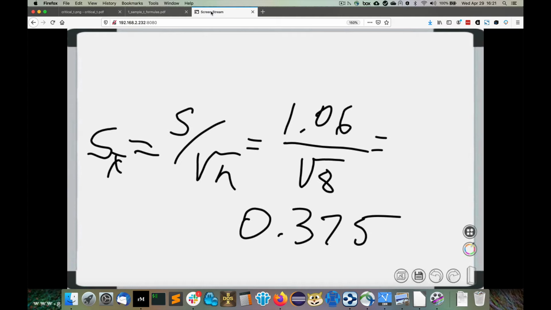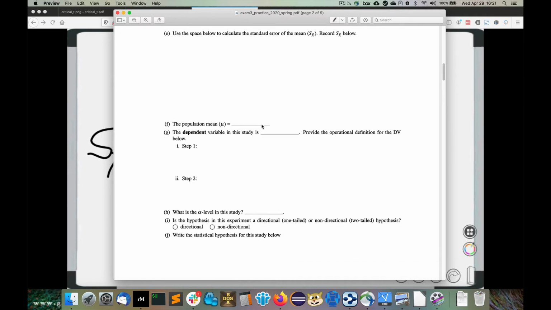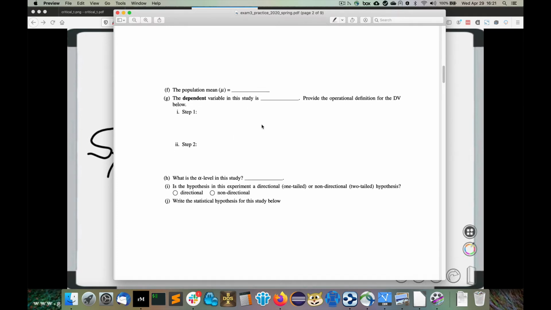So 1.06 divided by the square root of 8 is 0.375. Okay, so that is your standard error of the mean, okay? And that is what you would put for number E.